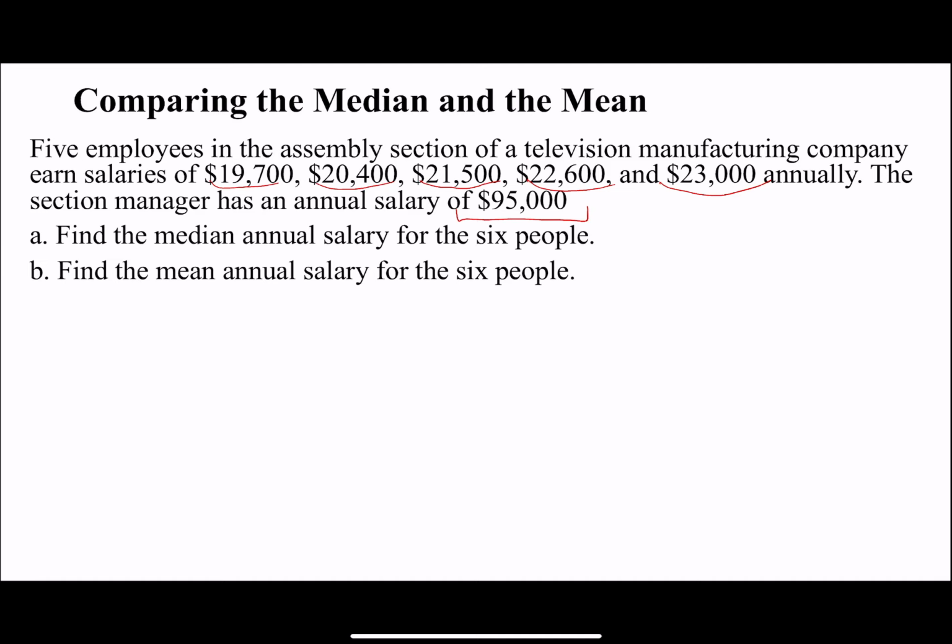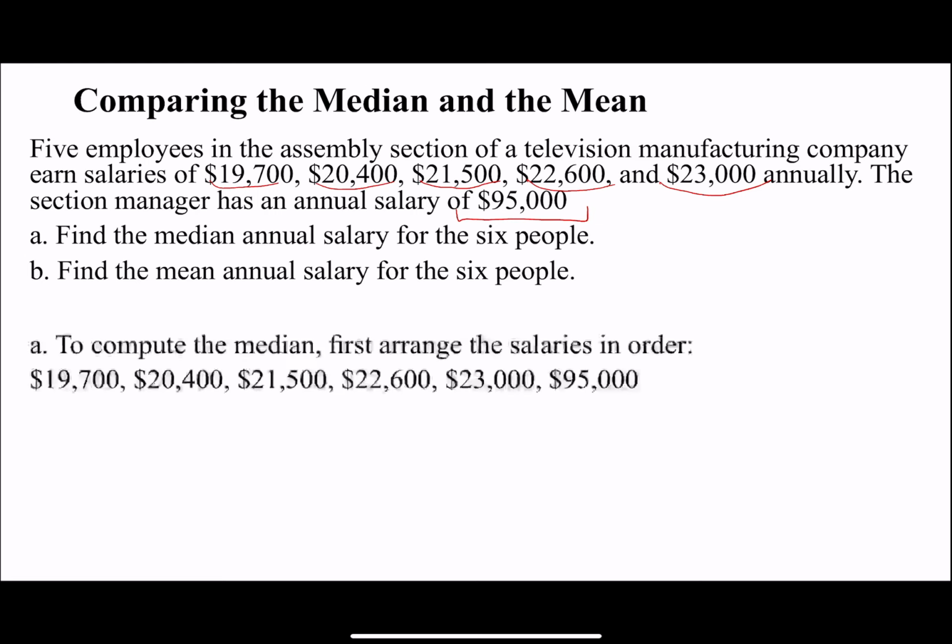Okay, so to find the median, first we write down the salaries in order from the smallest to the largest. Okay, how many do we have? 1, 2, 3, 4, 5, and 6. That's an even number, right? So as you see, 2 data items sit right in the middle.